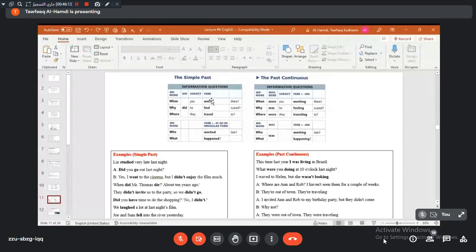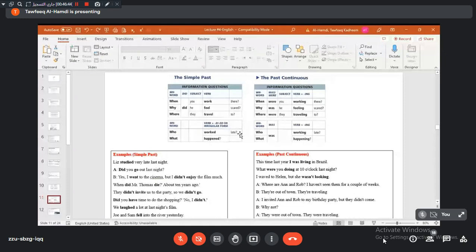When I'm asking about the subject in the past, I can form the information questions in the simple past as follows. Who walked? I'm asking about the person who walked, about a specific thing, like, for example, making some things in the garden.